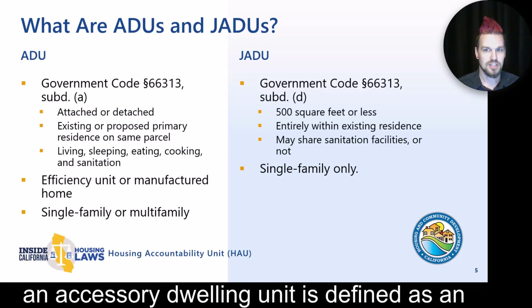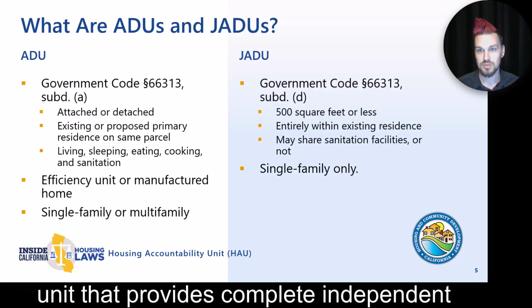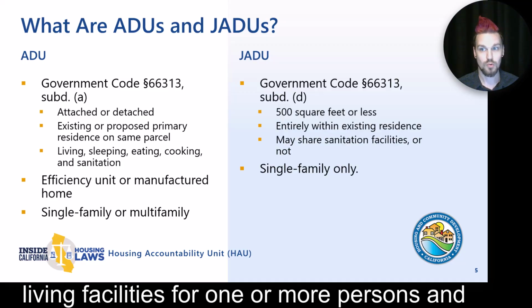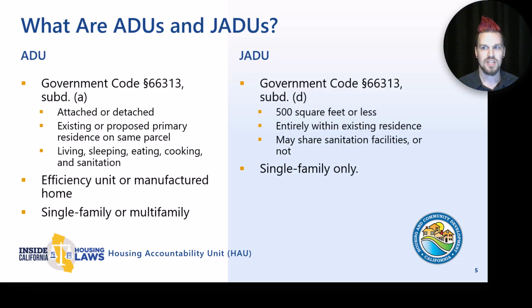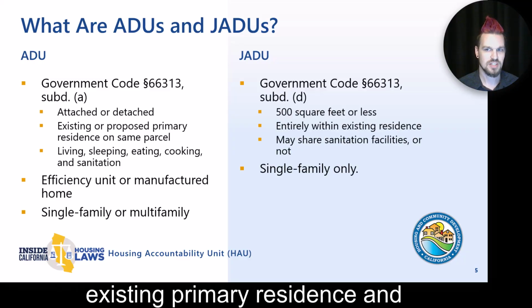An accessory dwelling unit is defined as an attached or detached residential dwelling unit that provides complete, independent living facilities for one or more persons and is located on a lot with a proposed or existing primary residence.